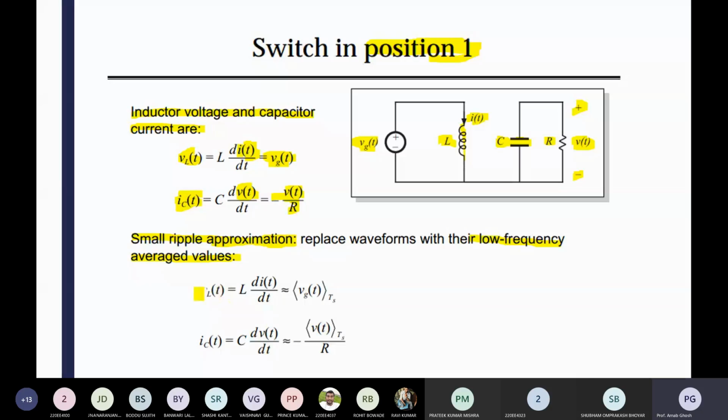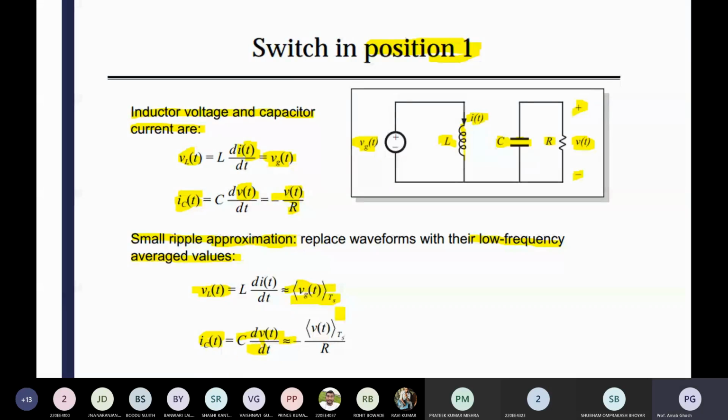Finally, we get that the inductor voltage is your average voltage over your total period TS. And what is IC? We can also observe the value of IC. It is C dVt/dt, and finally you can approximate that value.